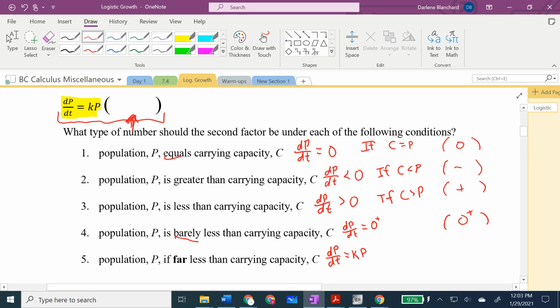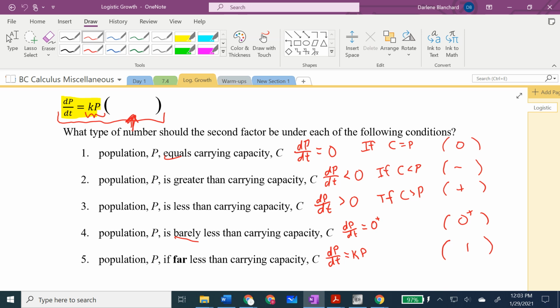And then to be far less, for my population to just be the piece that makes exponential growth, that means that this factor is near 1. And if you now put it together, we don't want the second factor going bigger than 1.